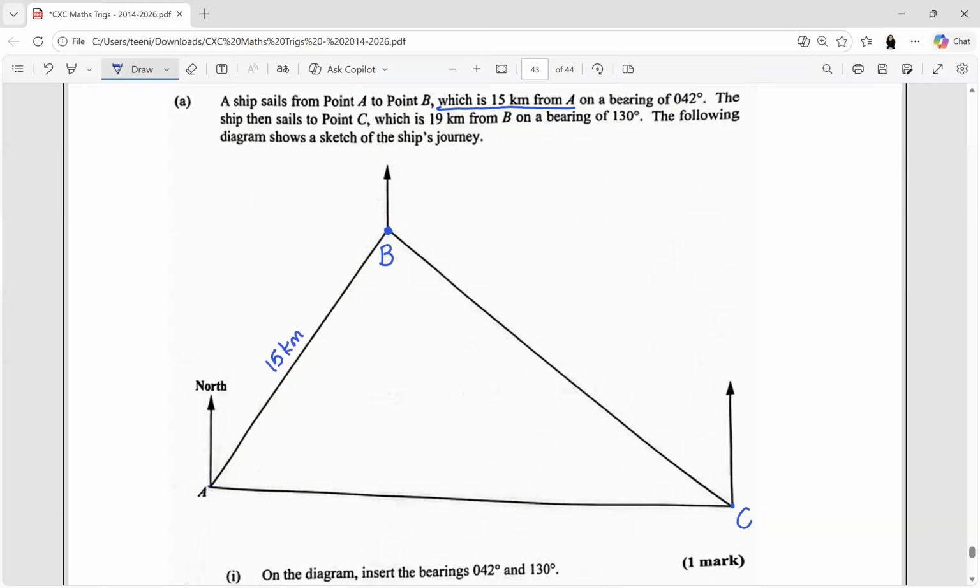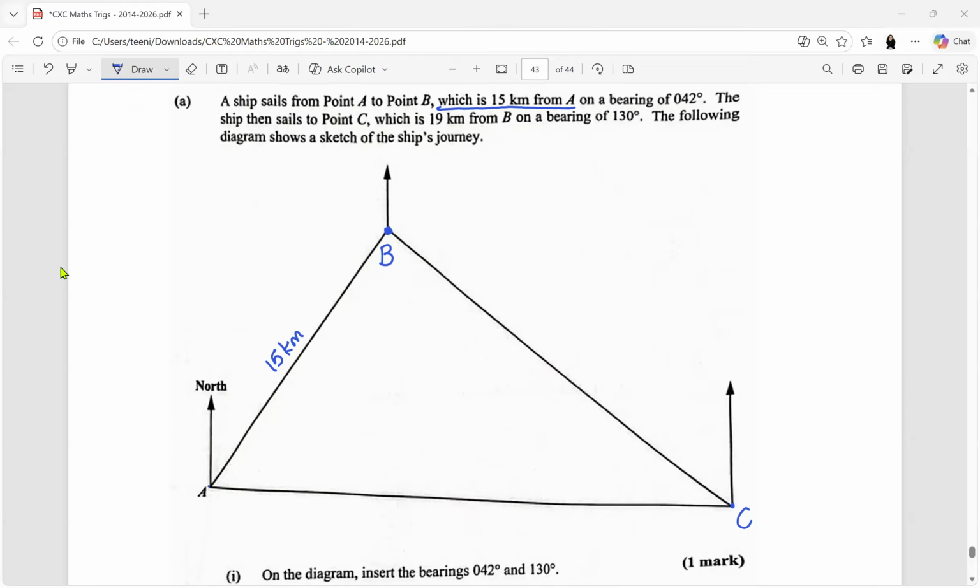And then it says it's on a bearing of 42 degrees, so B is on a bearing of 42 degrees from A. The bearing is the clockwise angle between the north line and the point B, and you're going to be starting at A because it's the bearing of B from A. So wherever it's from, that's your starting point, and that's where we're considering this north line.